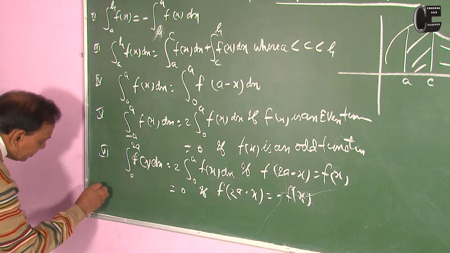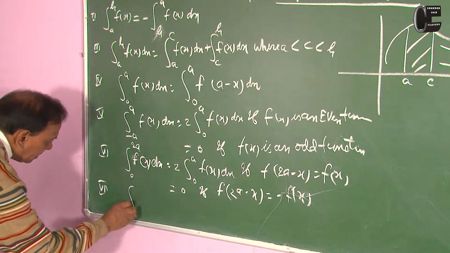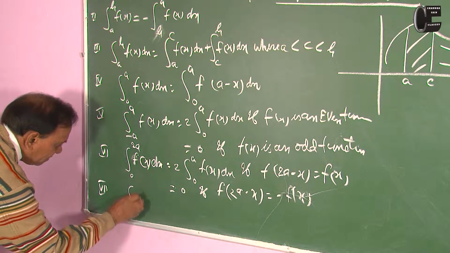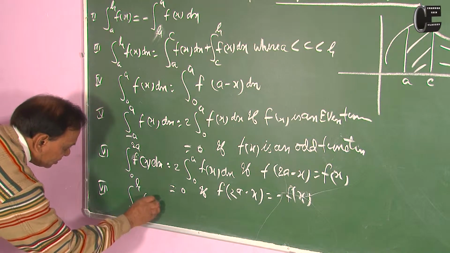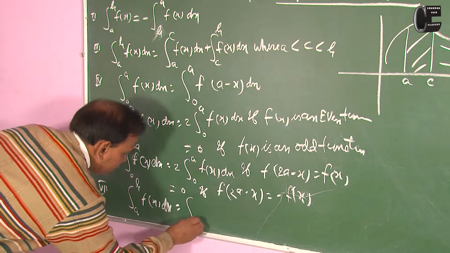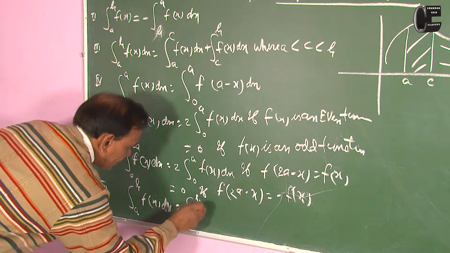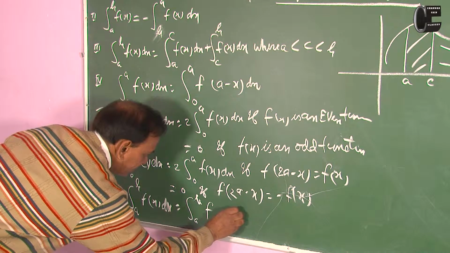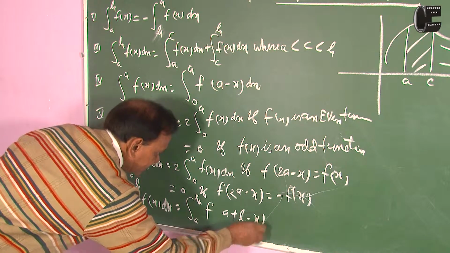Last property, seventh: integral from a to b of f(x) dx equal to integral from a to b of f(a plus b minus x) dx.